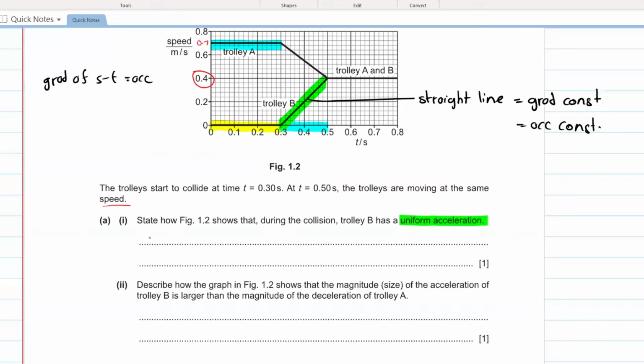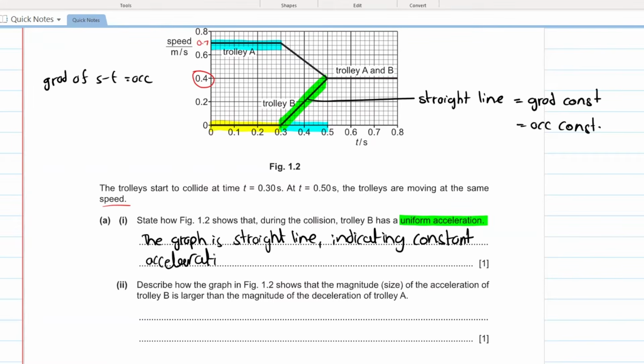You can write it here: the graph is a straight line, indicating constant acceleration. Simple as that. Nothing complicated here.